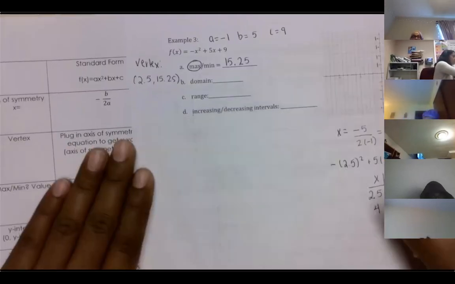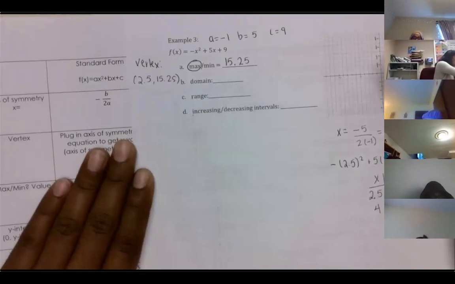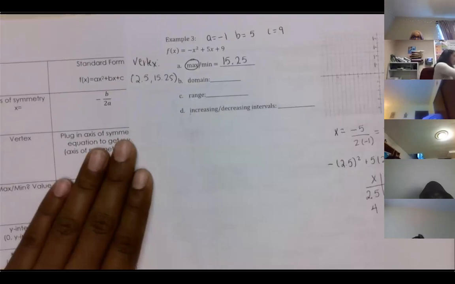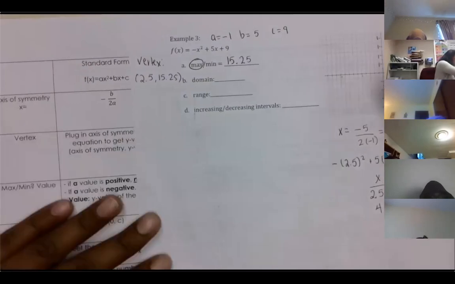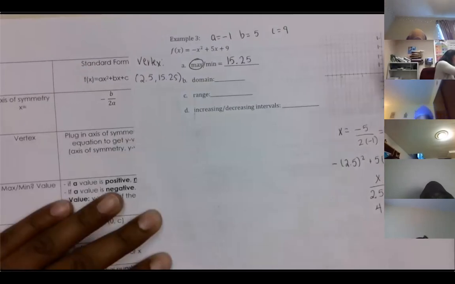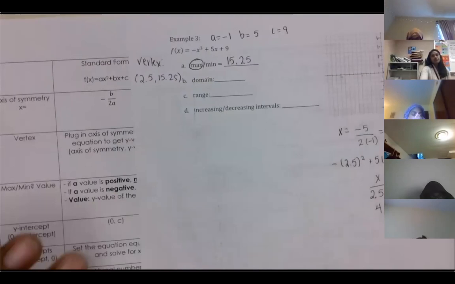So 4, 13. And then you just reflect that over the axis of symmetry. Then you can connect those points together to make your parabola. Any questions so far?